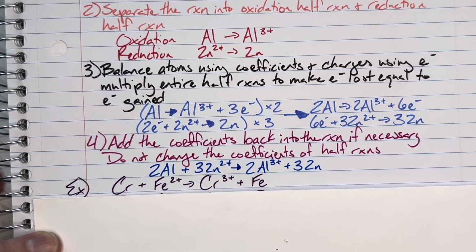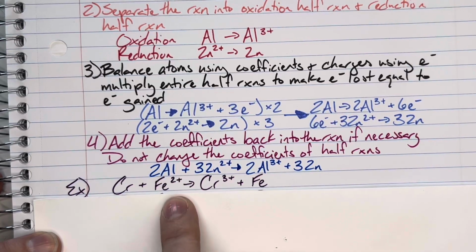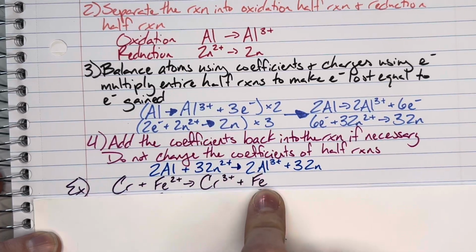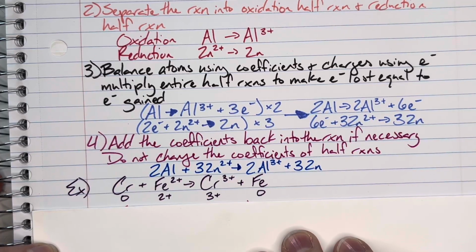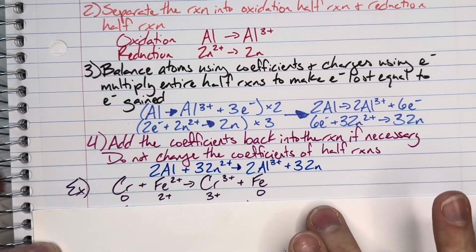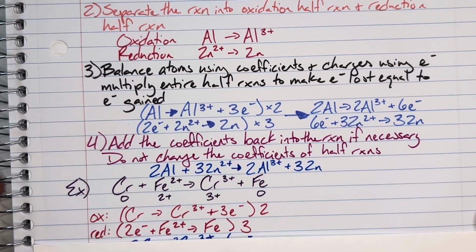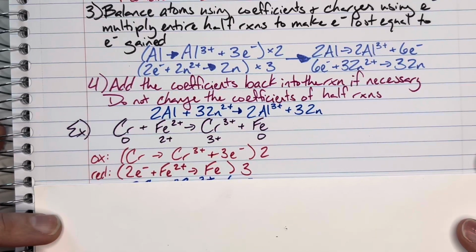So here we have solid chromium reacting with the aqueous iron 2 ion, forming chromium 3 ion and solid iron. I'm going to go ahead and assign the appropriate oxidation states for each. I will then go ahead and balance out the charges utilizing electrons.